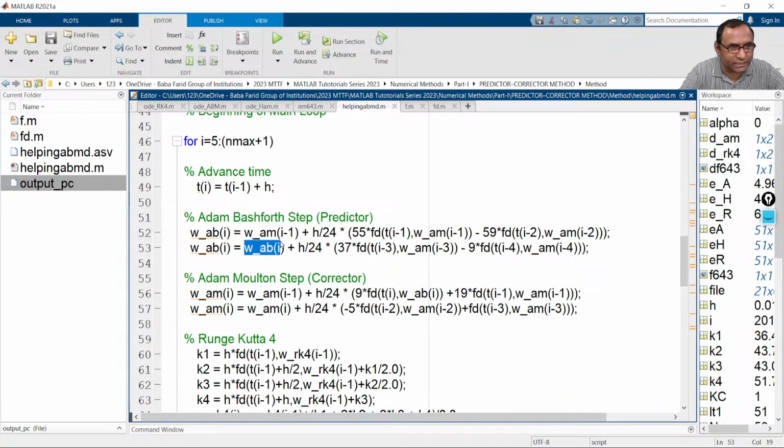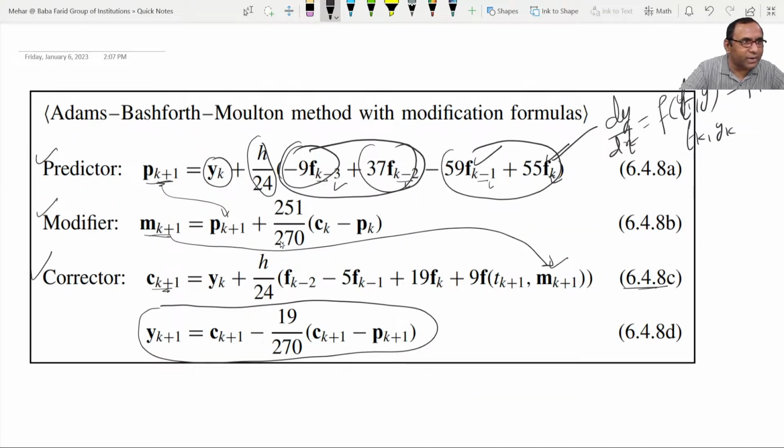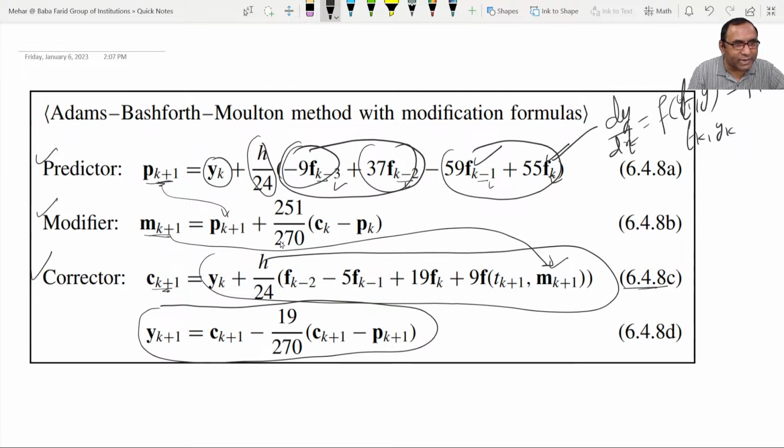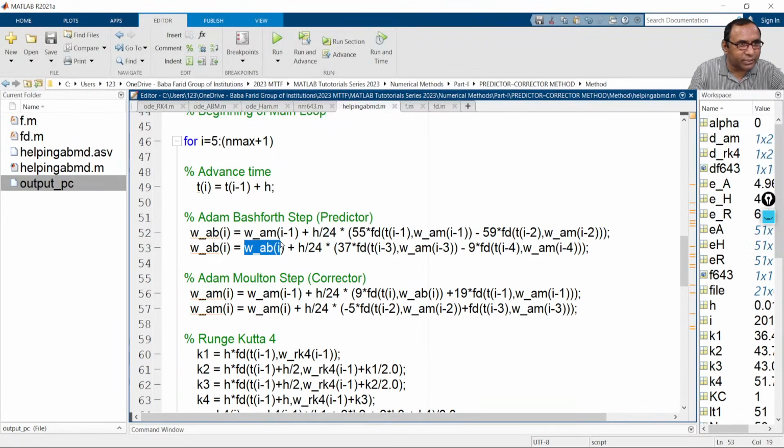And after that, in the same way, we have Adam-Moulton step corrector. We are directly using it here, for this whole part. So you can easily convert into this form. You can see WAM, this is the Adam-Moulton step corrector, and the previous is the predictor, this is the corrector.